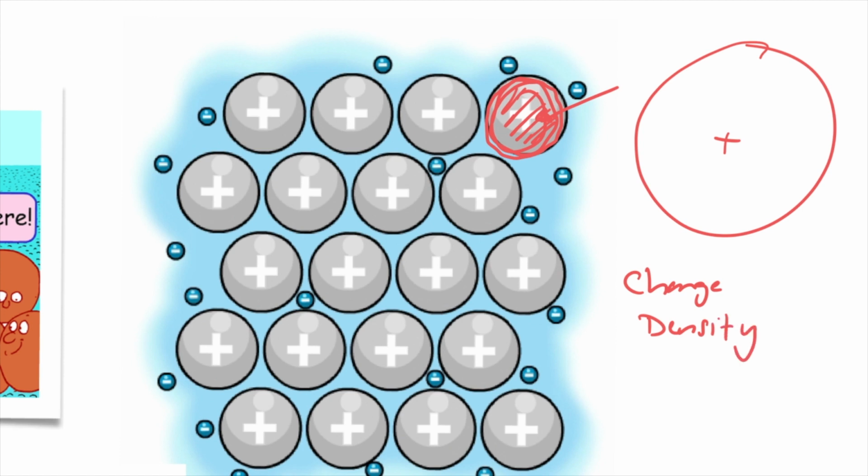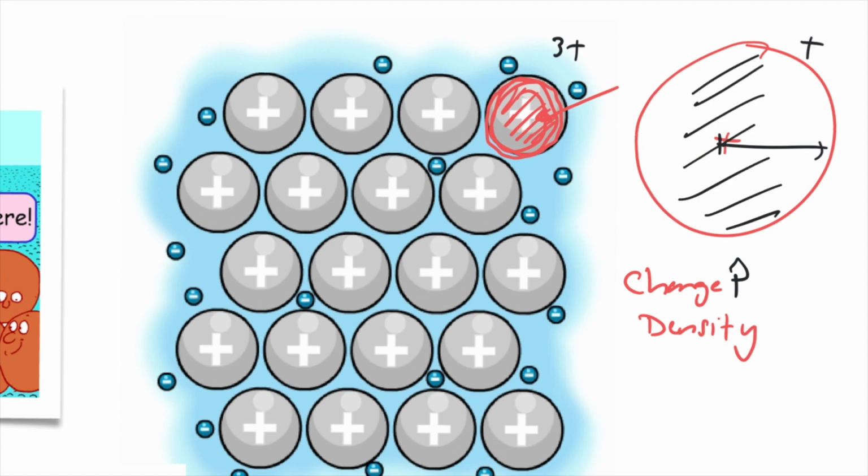Again, charge density can be represented by two factors. One is how much the charge is. Sodium has 1 plus charge, aluminum has 3 plus charge, so the charge is greater. And the other is the size of the atom. Sodium has a large cation, so the charge is distributed over a larger volume, and that decreases the charge density.